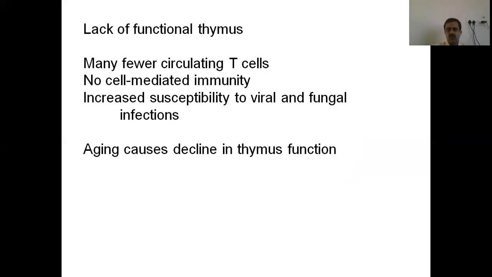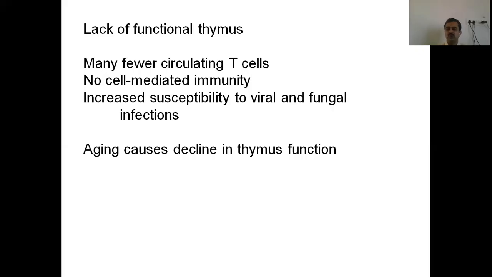Now, lack of functional thymus: very few circulating T cells, no cell-mediated immunity, increased susceptibility to viral and fungal infections, and aging causes decline in thymus function. So, what will happen if the thymus is not present? Then there will be no T cells at all.